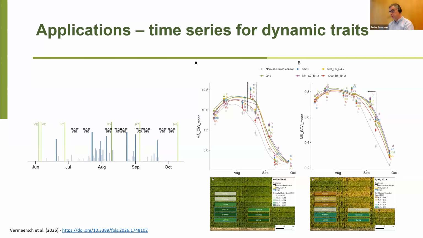And what you see on the right-hand side, on top, you see the curve for 2 and the evolution, the dynamics for 2 vegetation indices for different plots. The curve on the right is actually MS, stands for multispectral, and a vegetation index was calculated, chlorophyll index green, and you can clearly see the dynamics and the dynamics of the different treatments for inoculation.